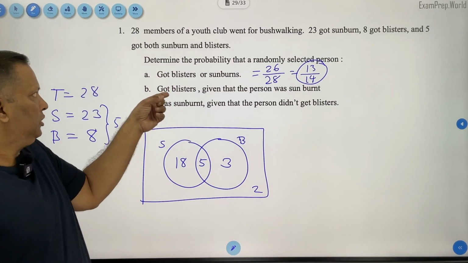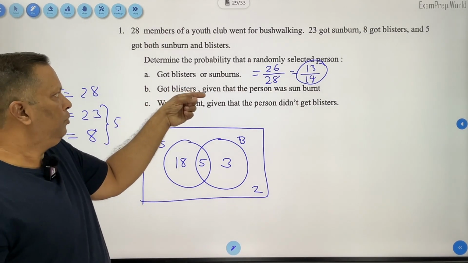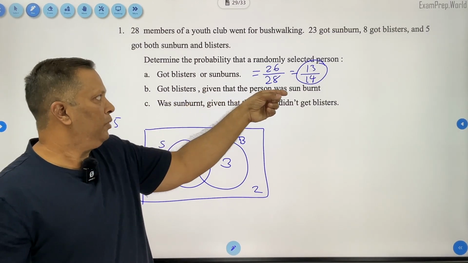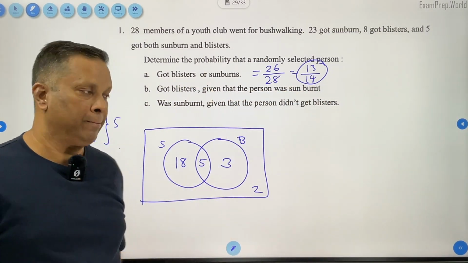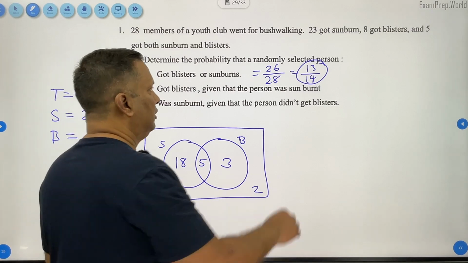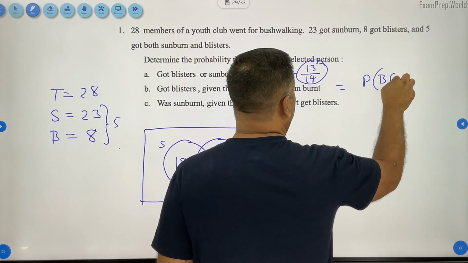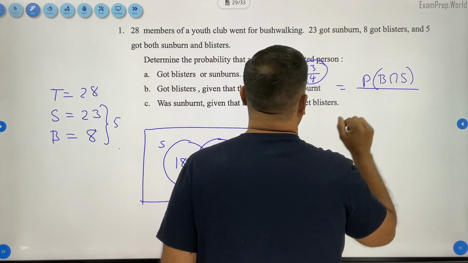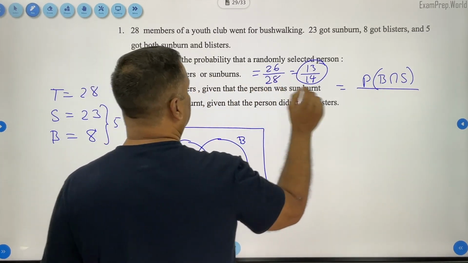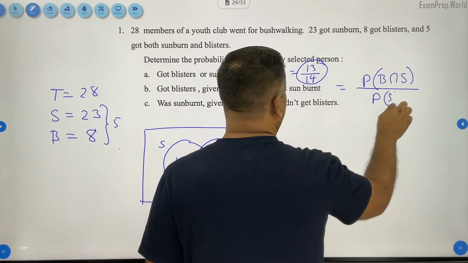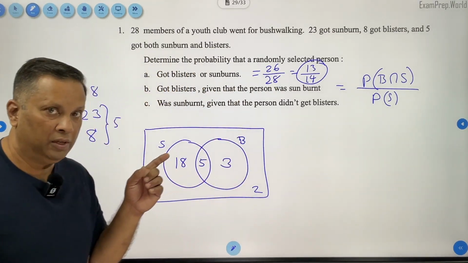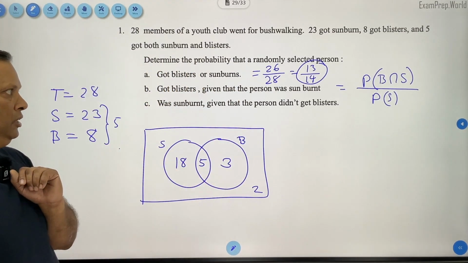Now the second question is a conditional probability. Got blisters given that the person was sunburnt. So I'll write the formula: probability of blister intersection sunburn divided by probability of sunburn. Now if you put the numbers there, you will get your answer.